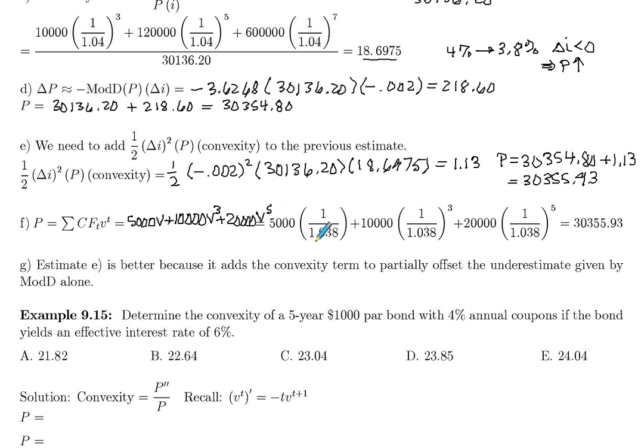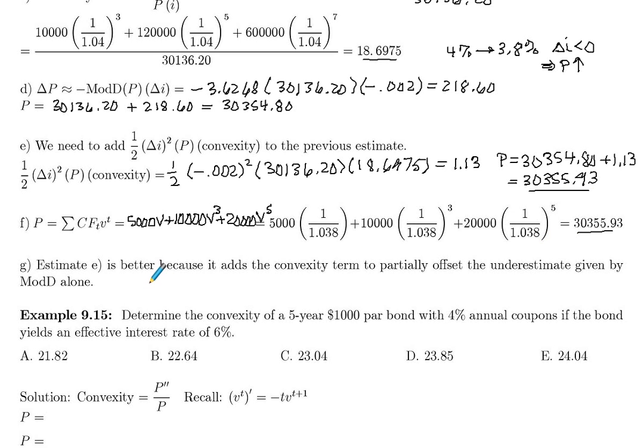Except now our discount factor is 1 over 1.038. So if I plug that in all the way across and do the calculator work, we get 30,355.93. And notice that our exact price agrees with our second order approximation.